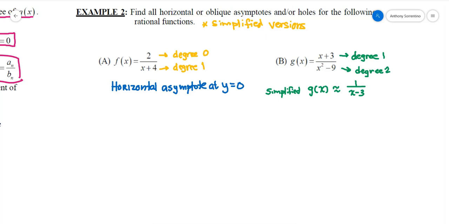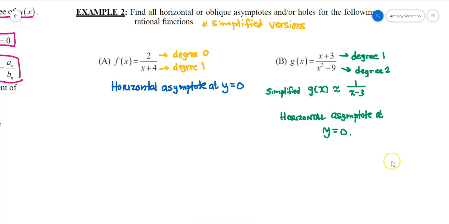If I look at the simplified version, it's the same thing. I have a 1 on top, and I have something on the bottom that could get really, really big if x is really, really big, which means I'm getting closer to 0. Or it could be really, really negative, a large negative value, which means in both cases, the fraction's approaching a value of 0. B has a horizontal asymptote at y equals 0 as well.